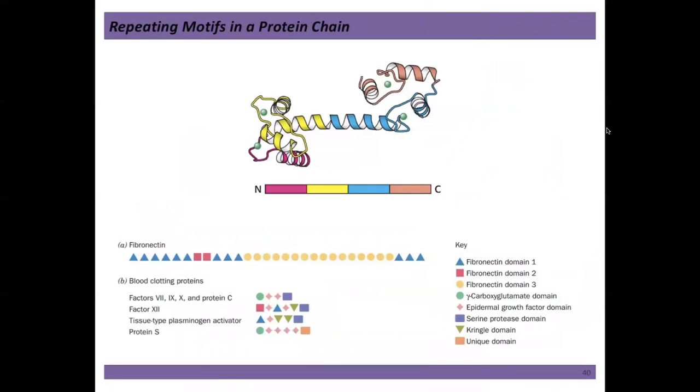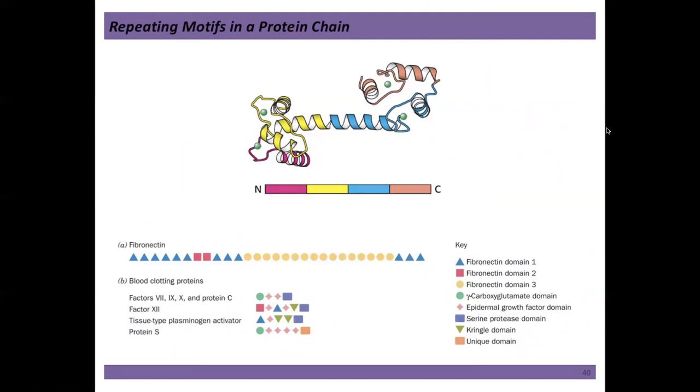So we've got these repeating domains or motifs. We'll talk about these cartoons later, but essentially we've got this helix, we've got a turn, we've got another helix, and then we've got this other domain here, and then we've got this other domain. And so when we combine these domains together, we get a new functional protein.